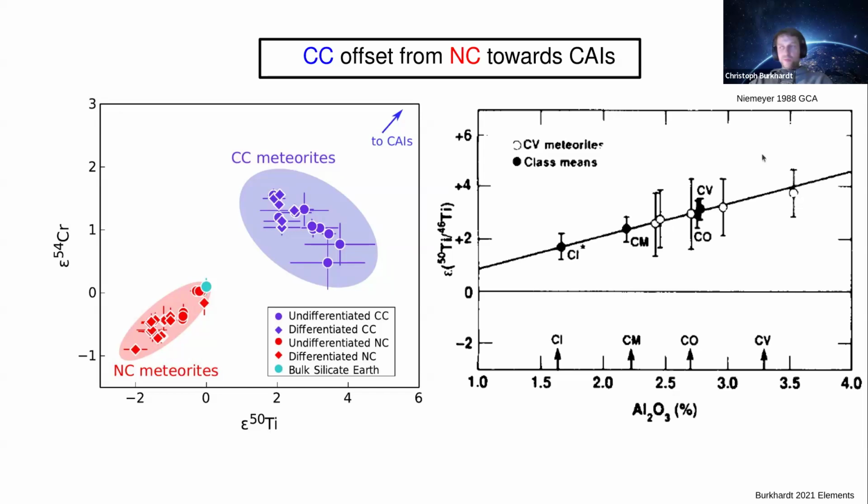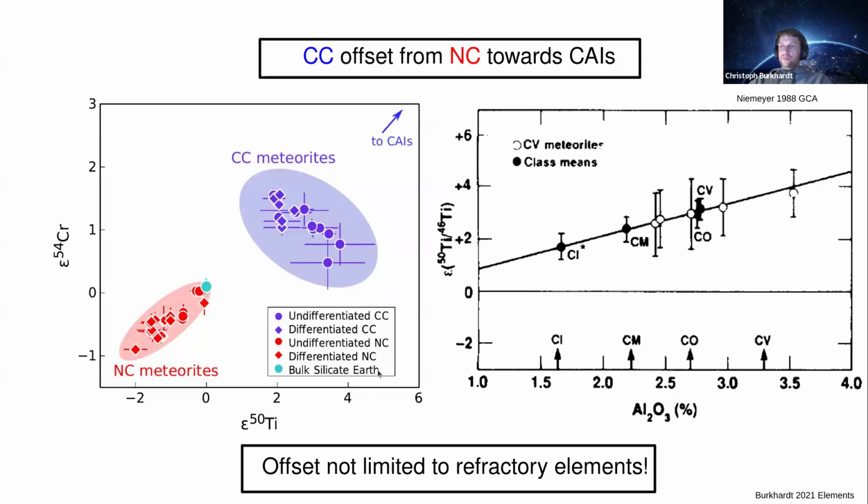So for titanium, that's nothing new, and CAIs obviously influence the isotope composition of carbonaceous chondrites. But what is new now is that this trend is not only for refractory elements like titanium, but also for not so refractory elements that are not enriched in CAIs, like chromium.